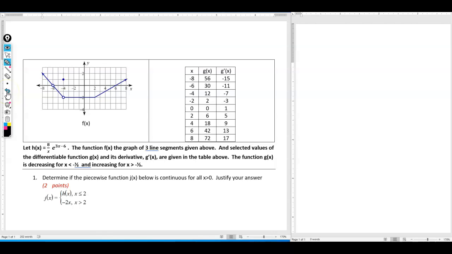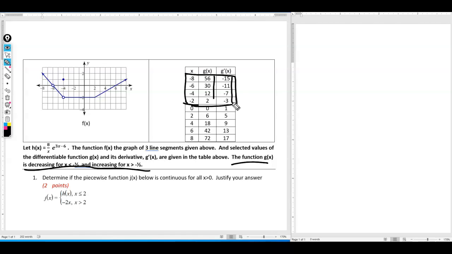Now the next part's also a little bit interesting. Good thing to pay attention to for something coming up a little bit later. It says the function g of x is decreasing for all x that are less than negative half. So for all values of x that are less than negative half, the function is decreasing. You can tell that in the first place because the output values are getting lower, and also because the slopes are all negative.